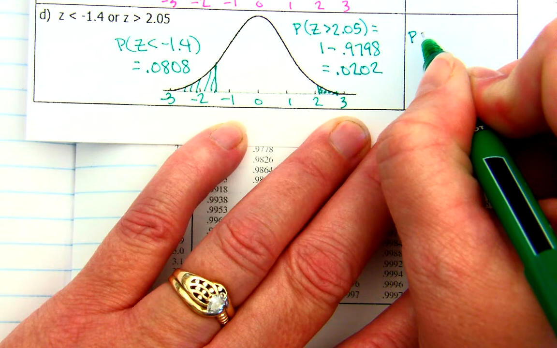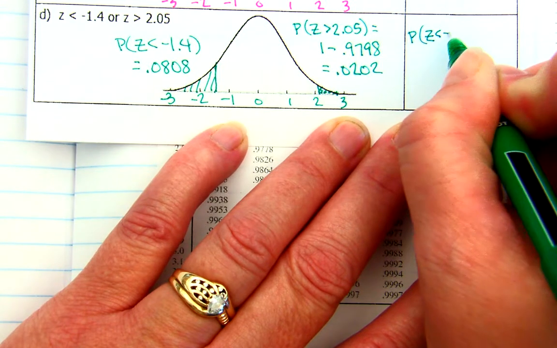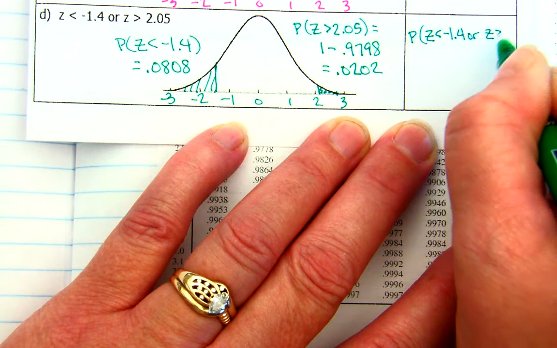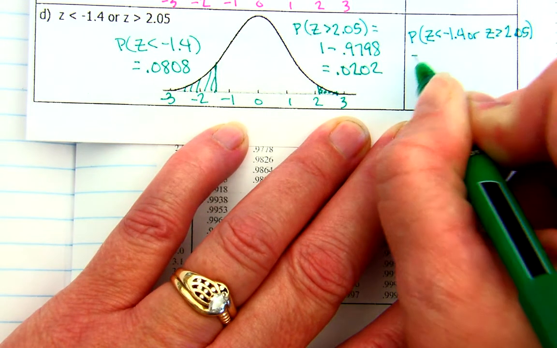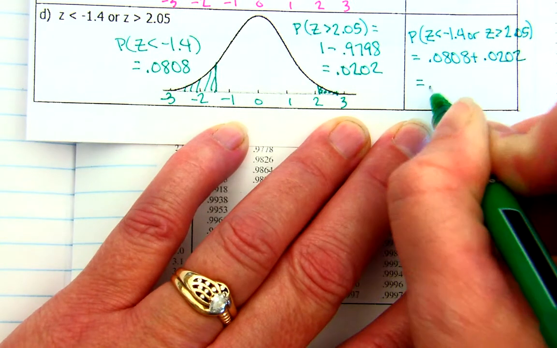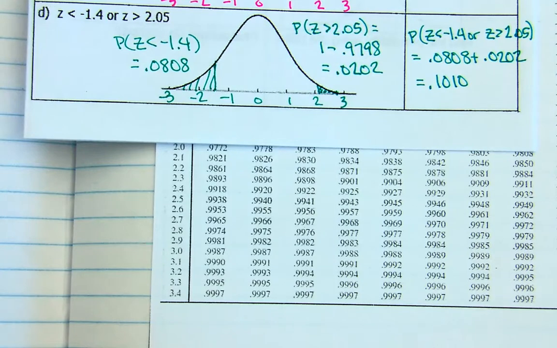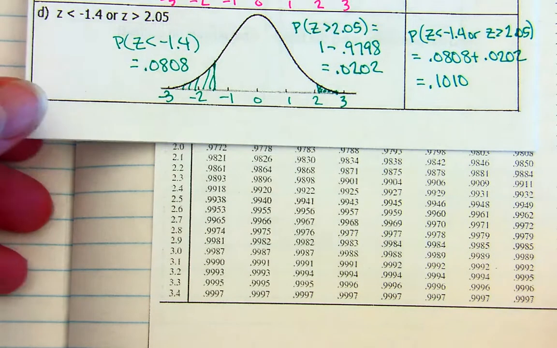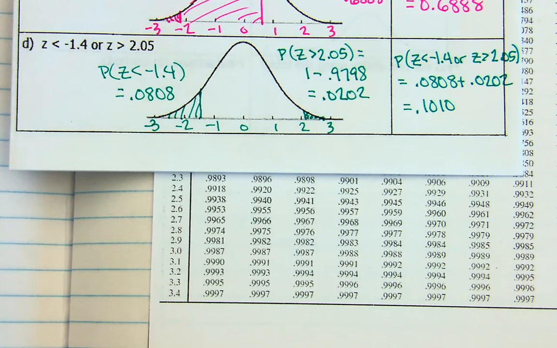So to find that combined probability, you just add those together. Questions up to this point?